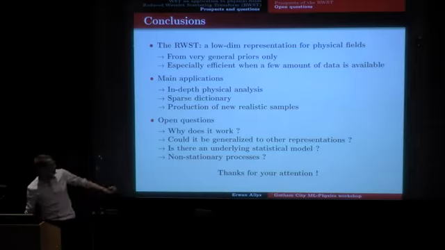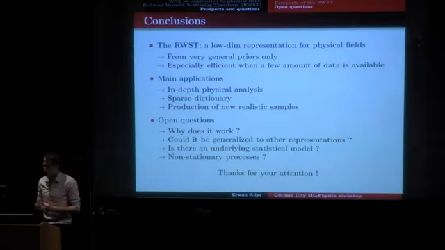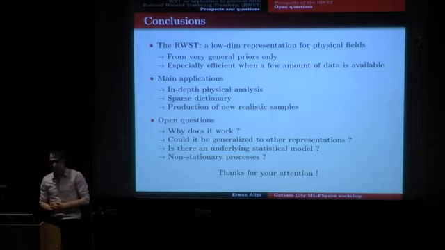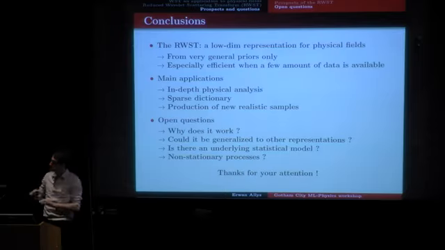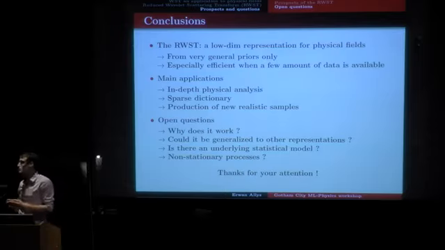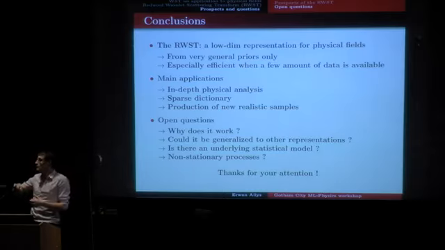Actually, it's my last point. What we believe is that this reduction is very efficient when we have homogeneous statistical properties. So to deal with non-stationary processes, we expect to proceed in two steps: to be able to distinguish a mesoscopic scale, if you want, on which we can estimate that the statistical properties are homogeneous, and then consider how the reduced WST coefficients vary on larger scales.